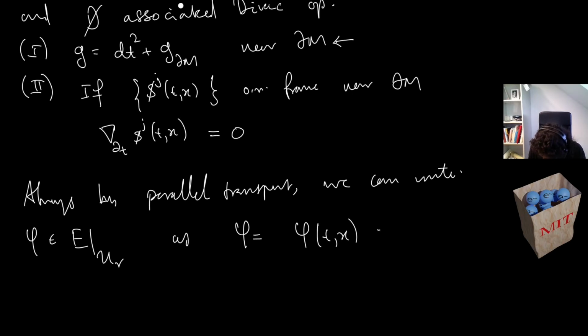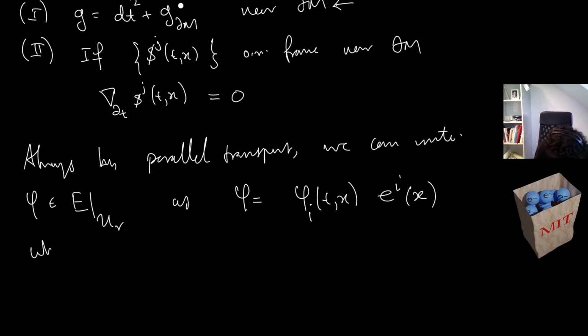Now we get the sum of phi_i times e_i, well, E was probably a bad choice, where e_i(x) is an orthonormal frame on E restricted to the boundary.